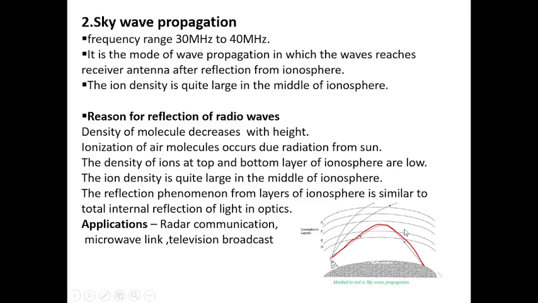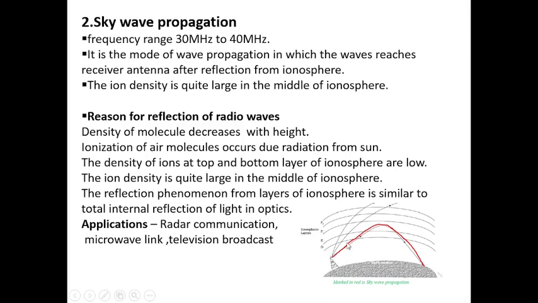Far from the earth we have only a few ions, and close to the earth we also have few ions, but in between these two, at one particular layer, the intensity is sufficient and the number of molecules is also sufficient, where we get a high density of ions. Because of the high density of ions, the sky waves are reflected by these ions and reach the receiver.